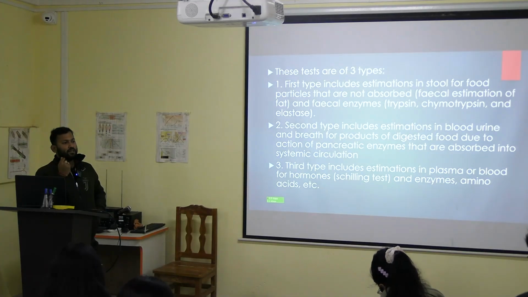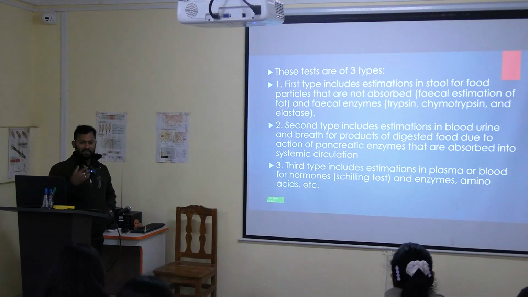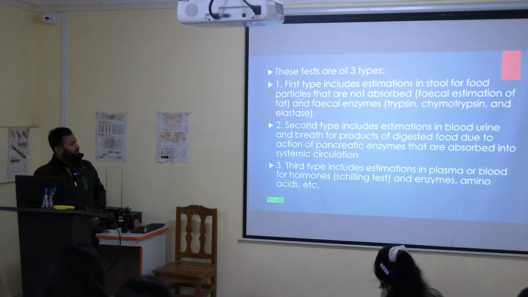Obviously urine and stool are different things. Stool comprises some undigested particles, but urine is something which is filtered by the body from the blood. So if something is present in the urine, that means it was already present in our blood some time ago. So we will check the blood, the urine and breath. All these things are inside the systemic circulation. So we will check for products of digested food.